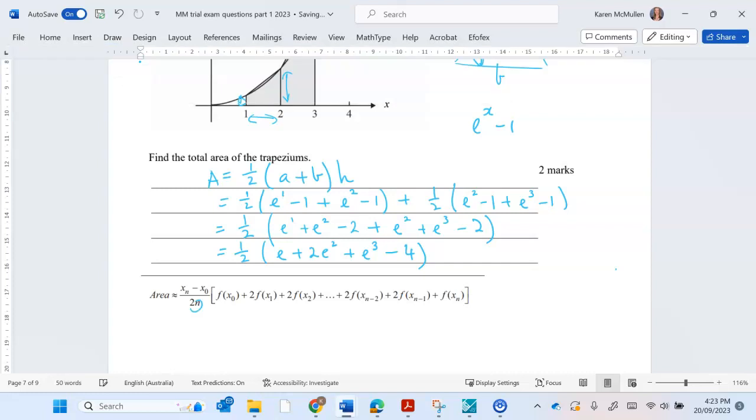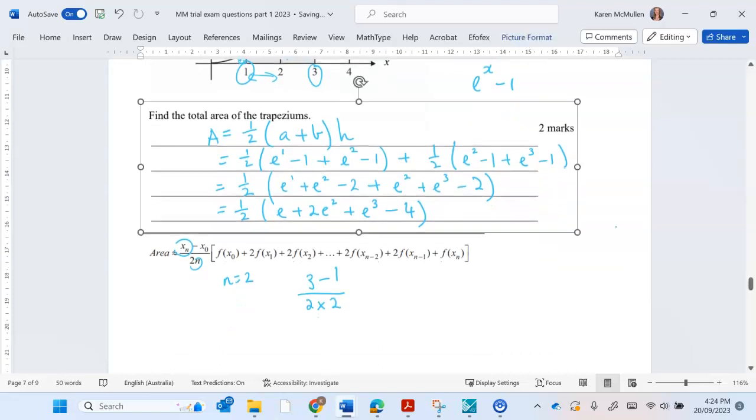So n is how many trapeziums we have, so n is equal to 2. Our xn, our end value, is 3, so I'm substituting it into this formula, minus x0, your starting value, which is 1, over 2 times n, which is 2 times 2.